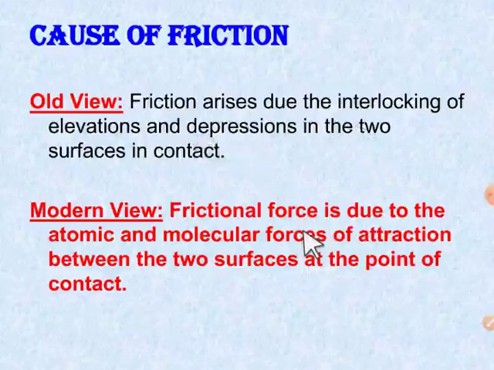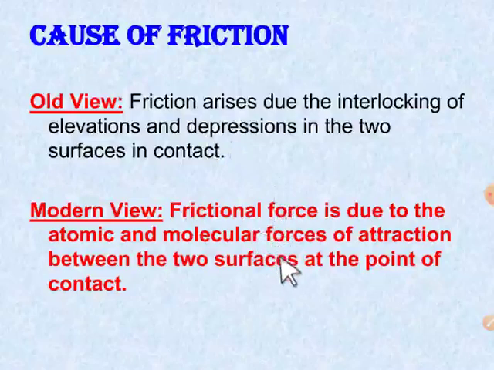There is a large frictional force between the two smooth glass surfaces, and it is due not to interlocking, but to the interatomic or intermolecular force of attraction between the two glass surfaces.